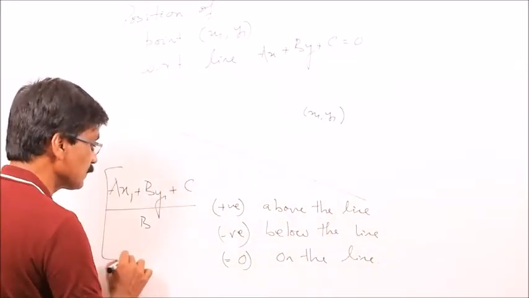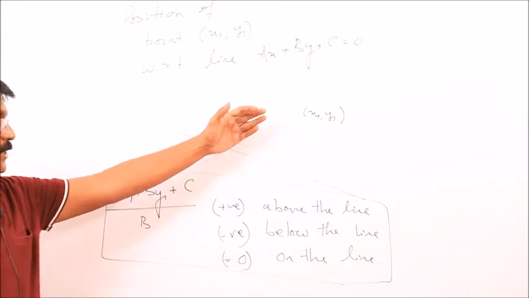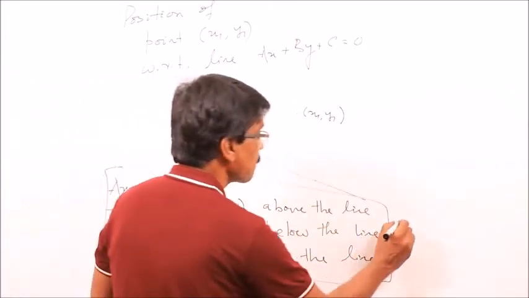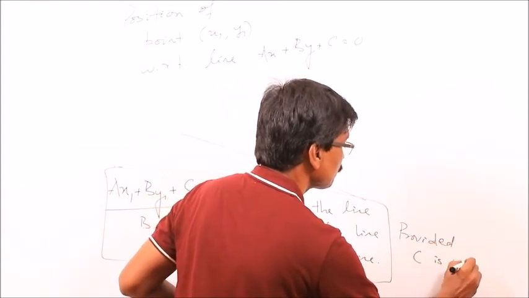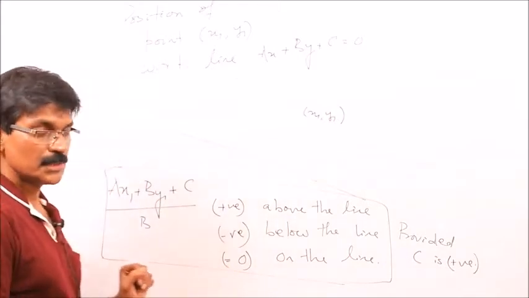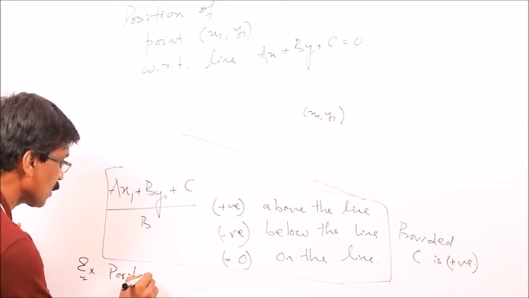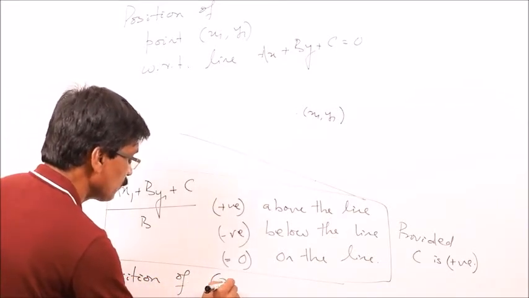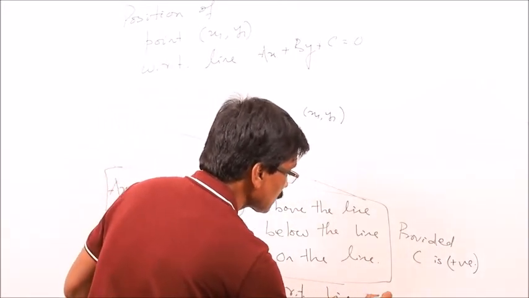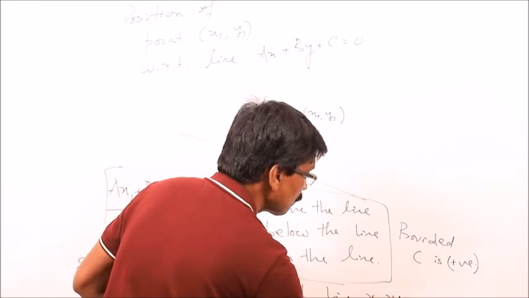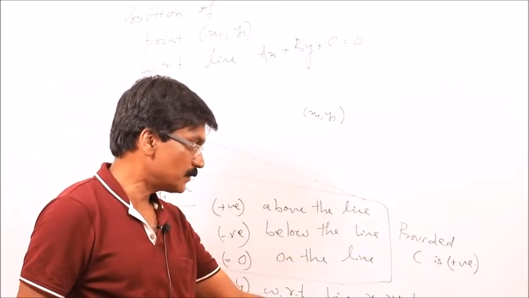So, this is the condition: position of a point with respect to a line, provided C is positive. Suppose take one example: position of 3 4 with respect to line x minus 2y minus 4 is equal to 0. Provided C is positive, here C is negative.